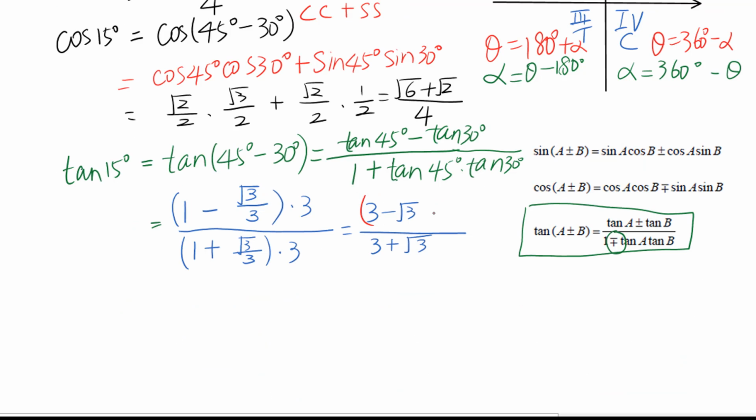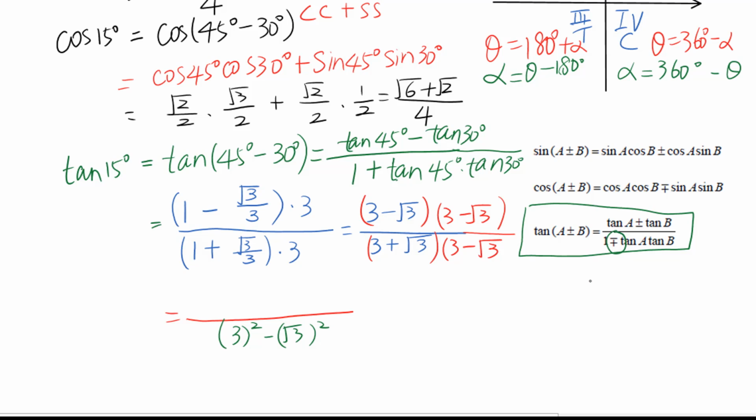Then we need to simplify. For top and bottom, we will multiply by the conjugate of 3 plus square root of 3, that is 3 minus square root of 3. For the conjugate multiplication, you will get 3 squared minus square root of 3 squared.